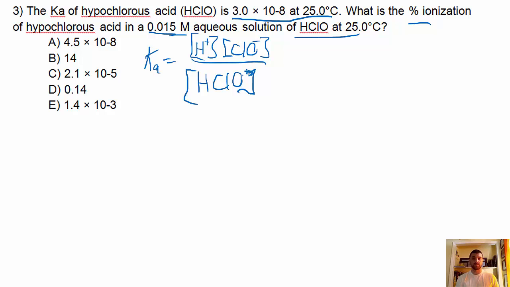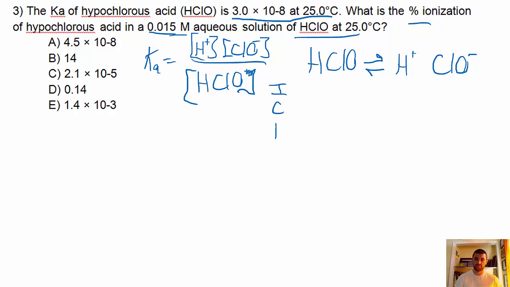The next thing we have to do is figure out how much of it actually dissociated, how much of it broke apart. If I know Ka, I can do a little math, like an ICE box problem.